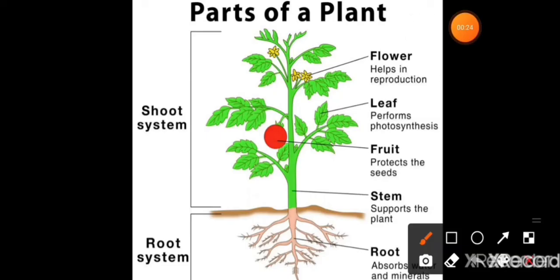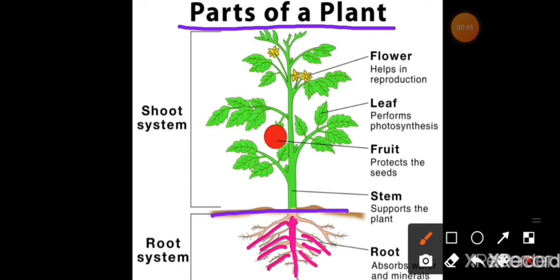You can see here a picture of a plant in which the parts are mentioned. This is the ground level, and below the ground level is the root, which forms the root system.